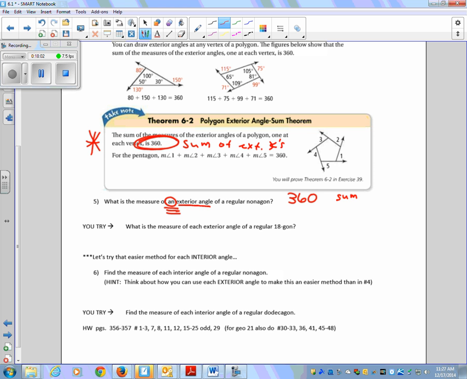What could we do? Divide it by the number of sides. In this case, the nonagon has 9 sides. So you're going to get 360 divided by 9 gives you 40 degrees for each exterior angle.